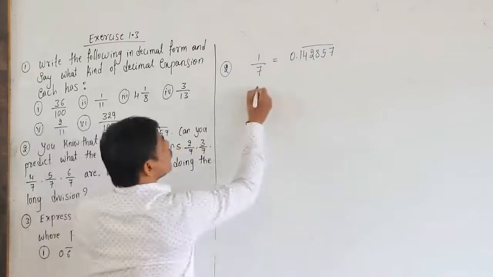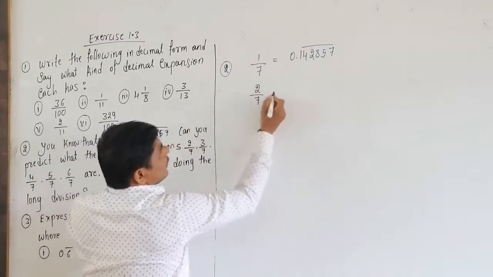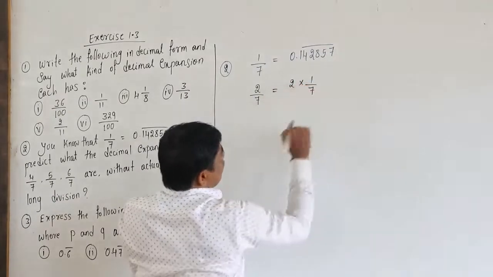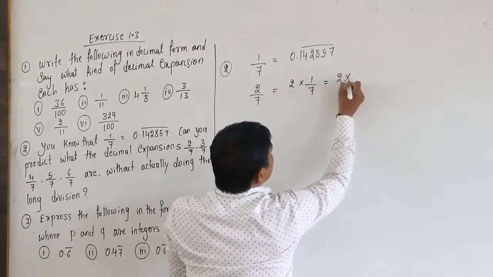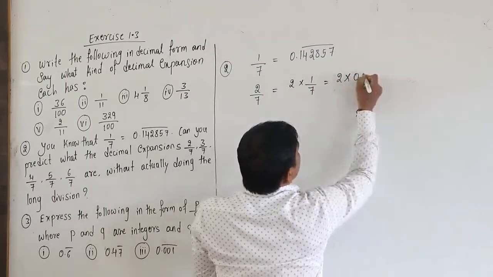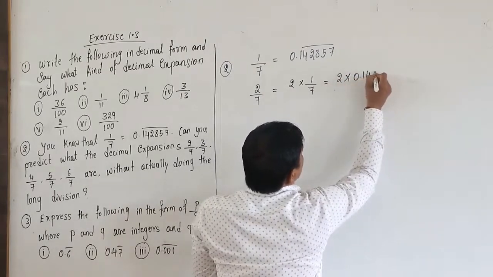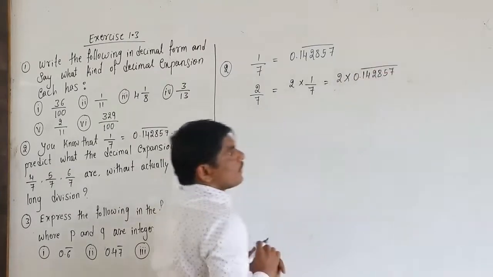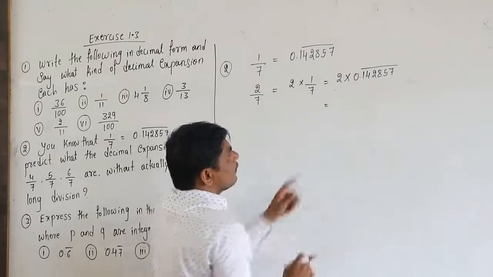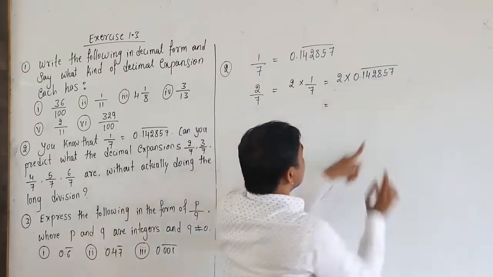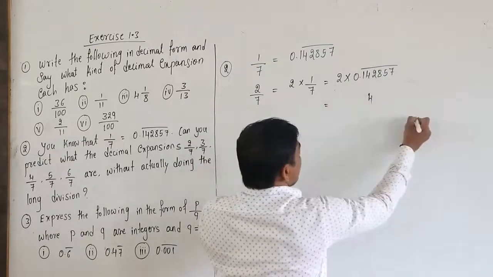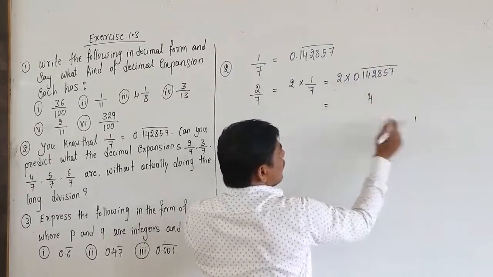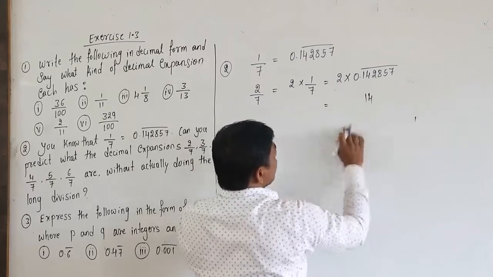Here the first one is 2 by 7. 2 by 7 is equal to, you have to split it, 2 into 1 by 7. Now 2 into 0.142857 bar. Now just multiply it. 2 7s are 14, take a carry 1, and 2 5s are 10, plus 1, 11, is 1, again you take one more carry.